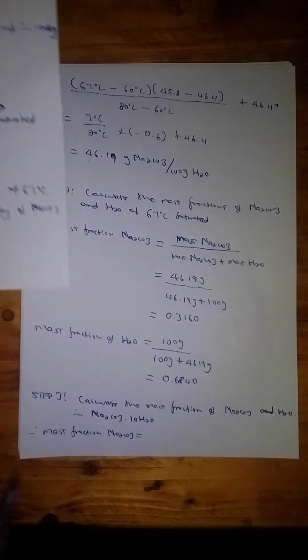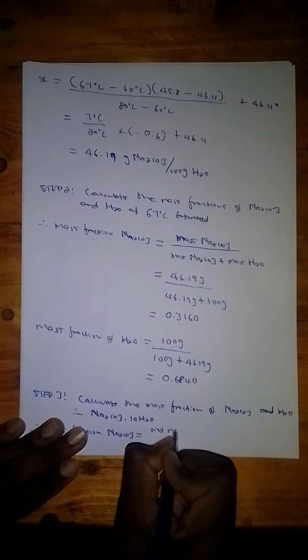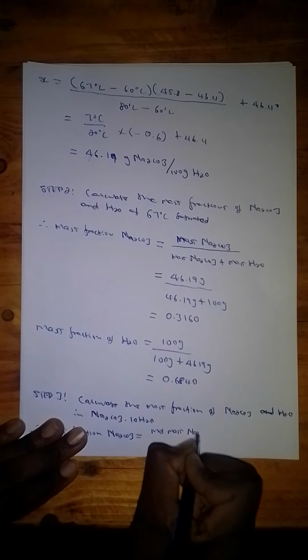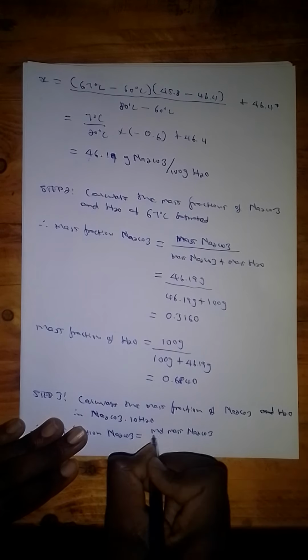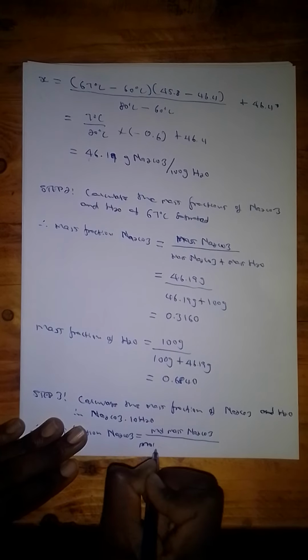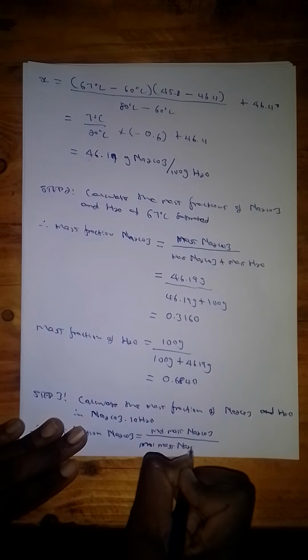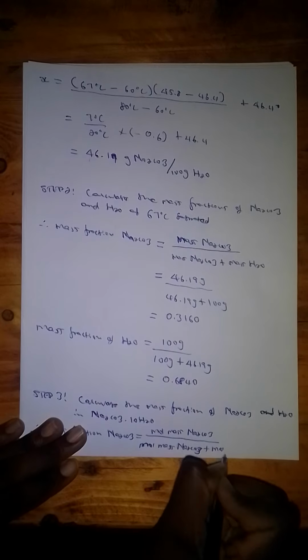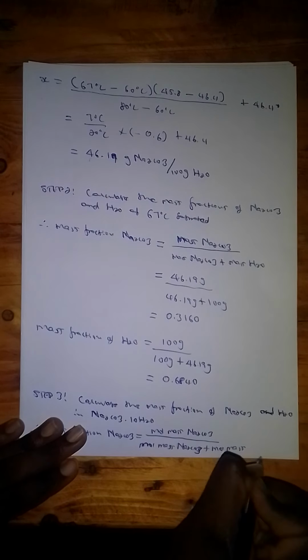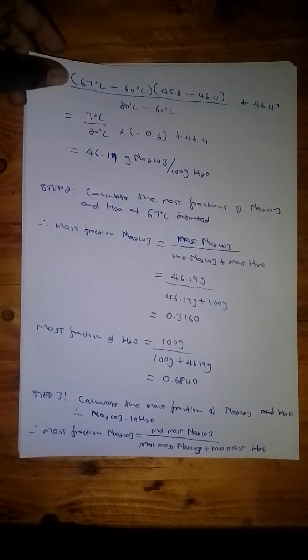So it's going to be easier that way. The molar mass of Na2CO3 all over molar mass of Na2CO3 plus molar mass of H2O.